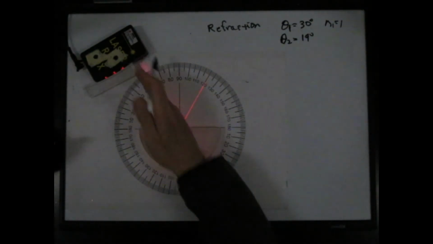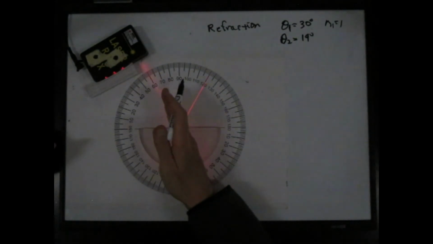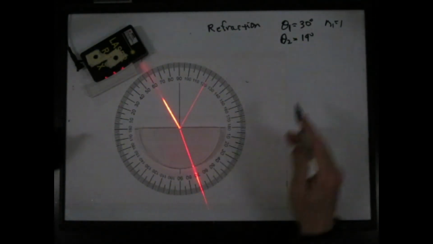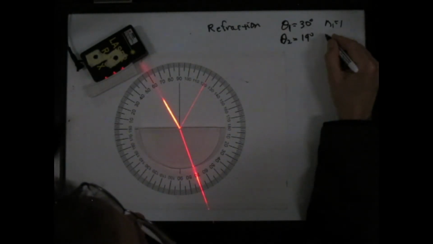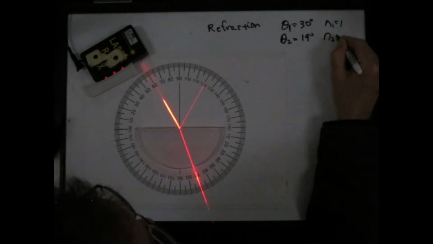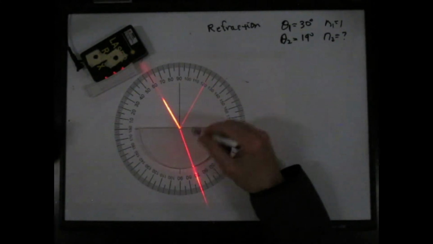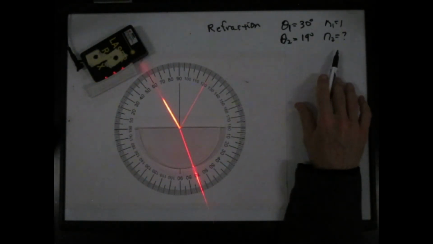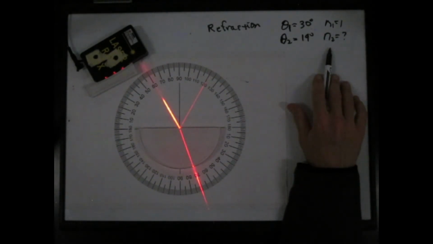This laser light is in air, and then it gets into this acrylic, and then it's got a different angle of refraction. We're going to use this arrangement and Snell's law to determine the index of refraction here.